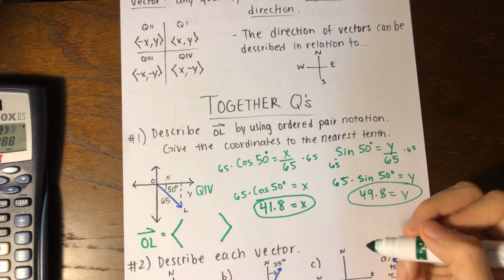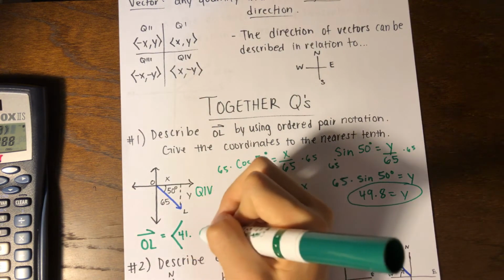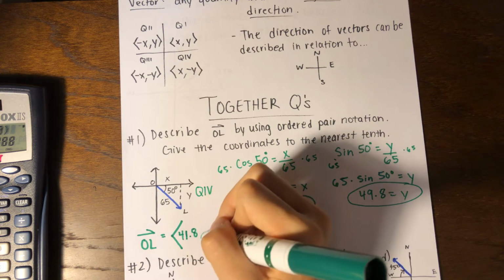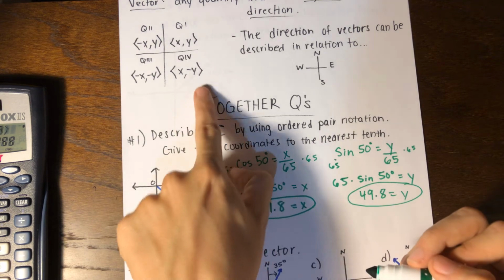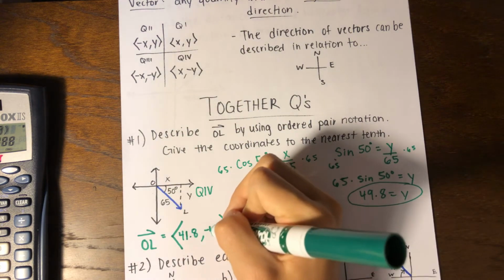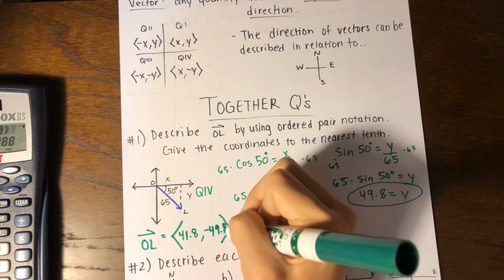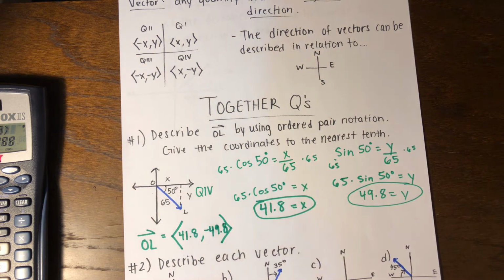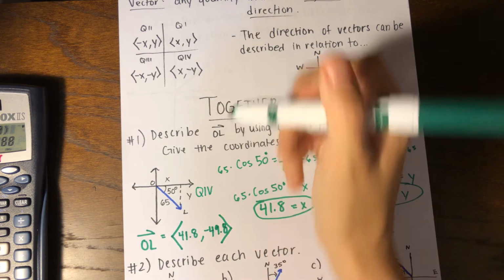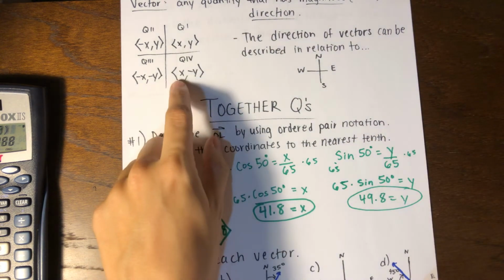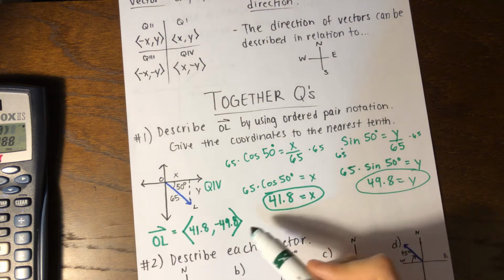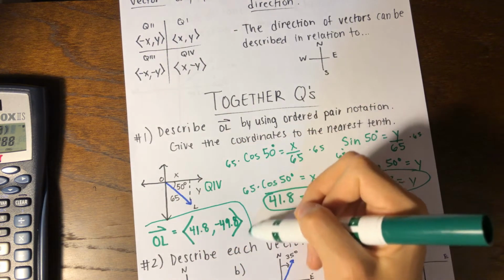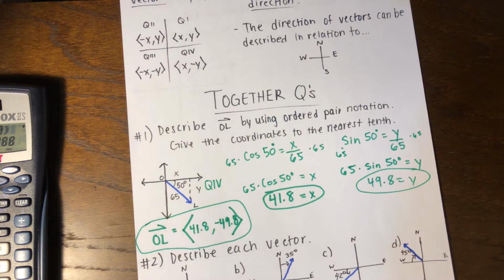So my x is positive, 41.8, comma, my y, which is going to be negative, so I have negative 49.8. So just like that, we know quadrant 4, it was x positive and y negative. Okay, so this is our answer right here. This is what we were looking for.